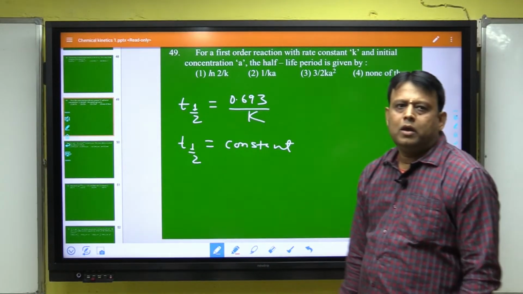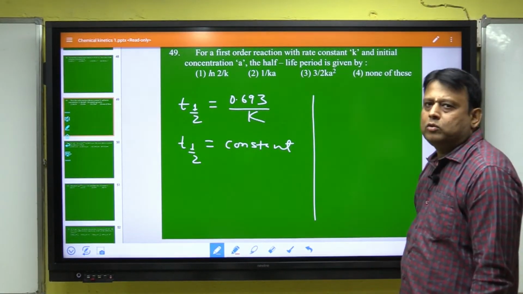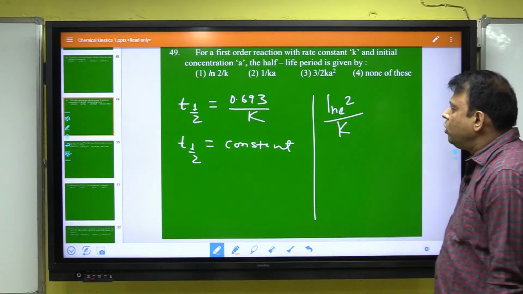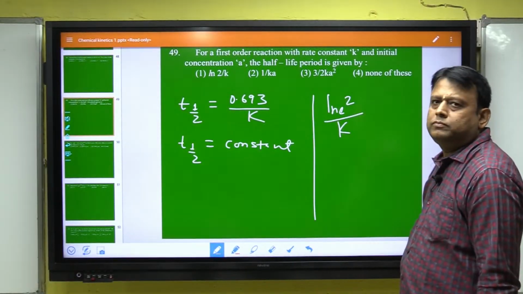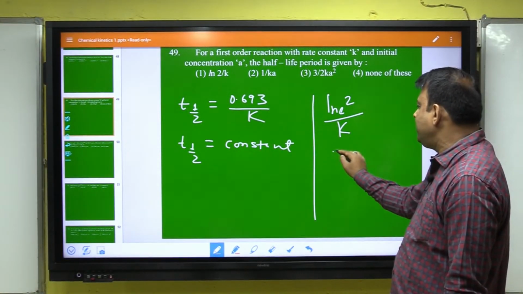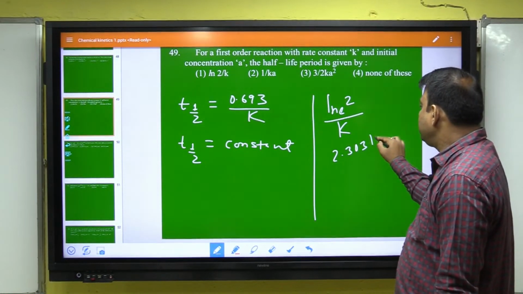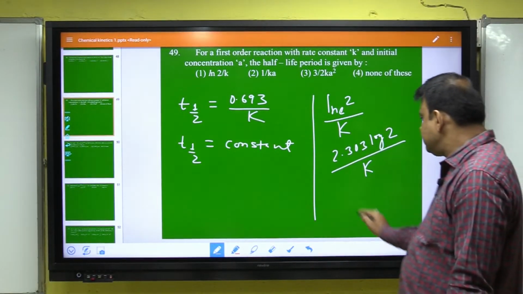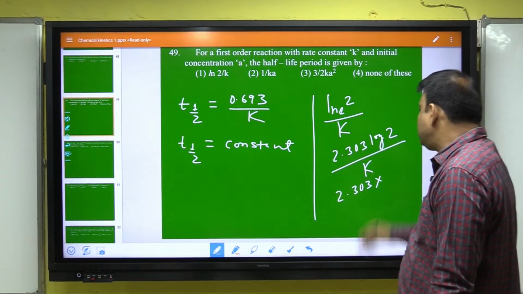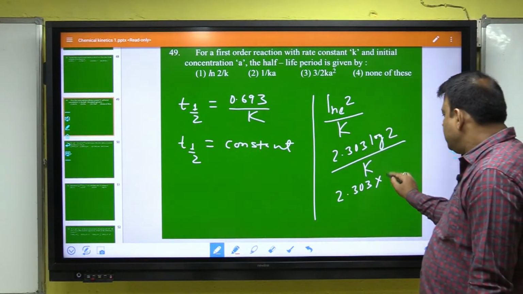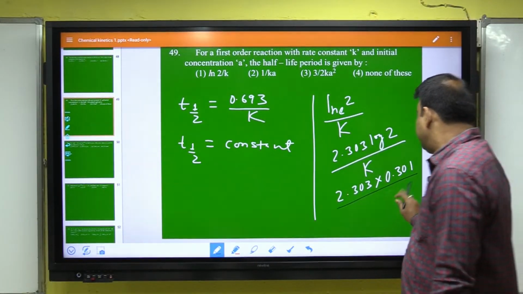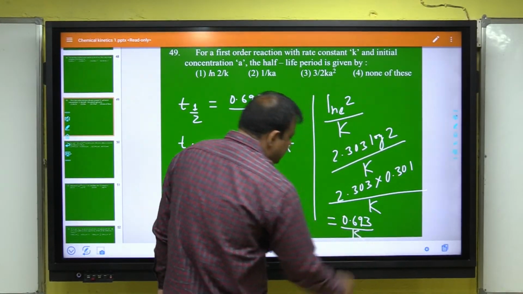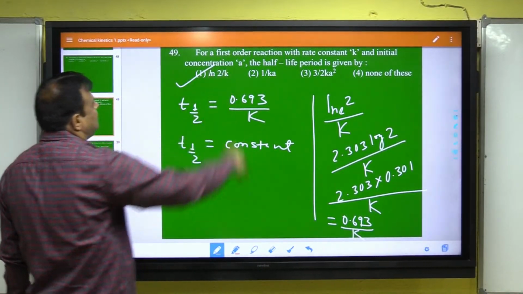ln 2, and ln 2 means log base e of 2, divided by K. Converting to base 10, log base e becomes 2.303 into log 2 divided by K. The value of log 2 is 0.301, so 2.303 into 0.301 divided by K, and after calculation it is 0.693 by K. Hence option number first is correct.